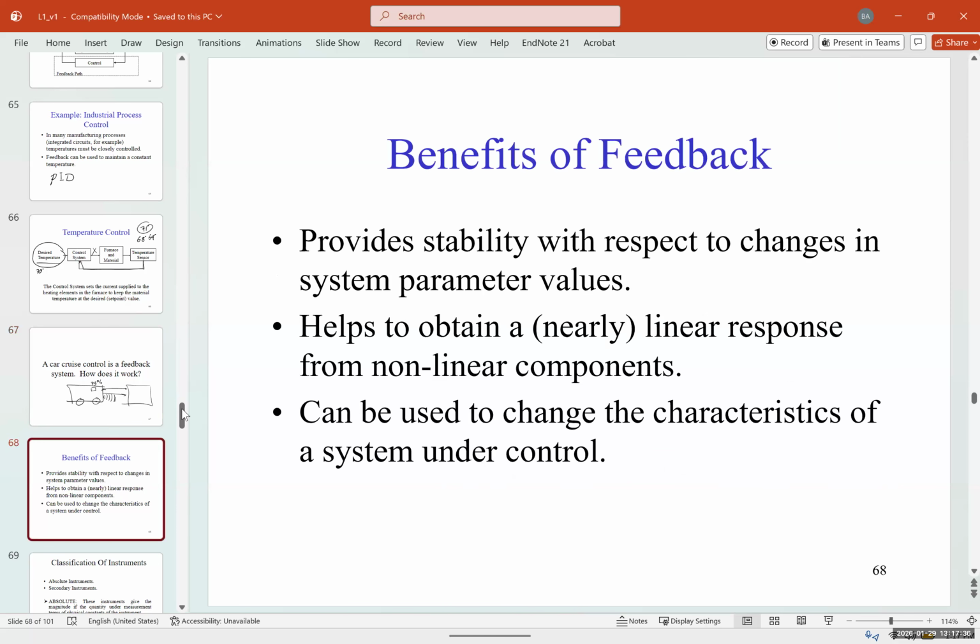Now, some benefits of feedback: it makes the system stable with respect to changes in system parameters. It helps to obtain a nearly linear response from nonlinear components. It can be used to change the characteristics of a system under control. Now we have two very famous feedback systems, the integral and the derivative system.